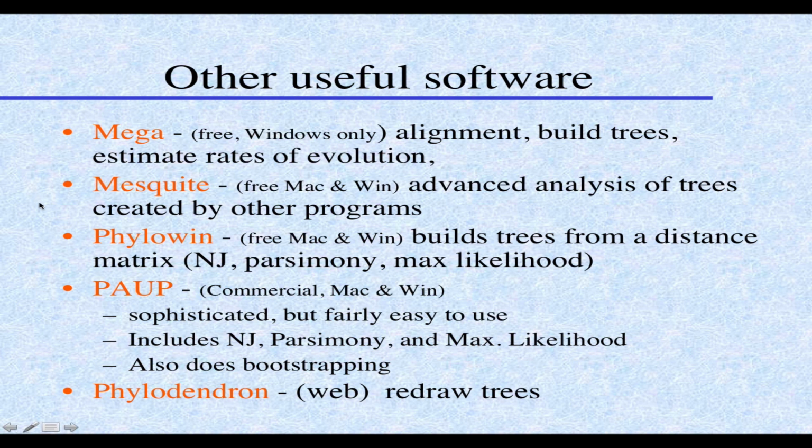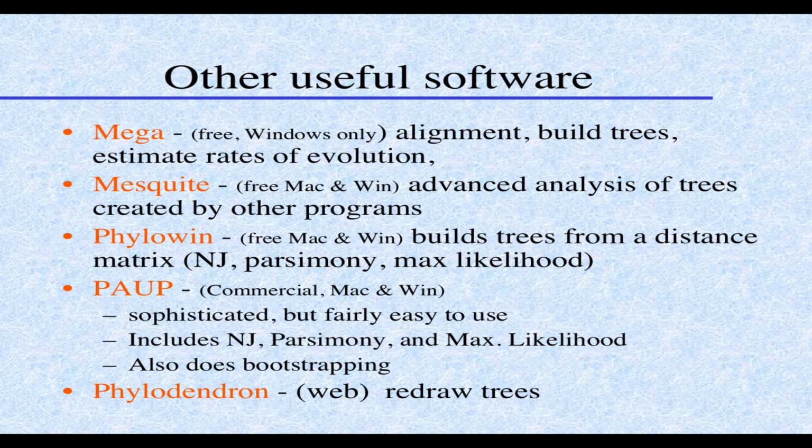Mesquite was a previous attempt at a do-everything phylogenetic software. I found it really hard to use. PAUP is a commercial software that implements parsimony primarily. That's what PAUP stands for, phylogenetic analysis using parsimony. It's commercial, it's cheap, relatively hard to use, not quite so hard as Phylip.